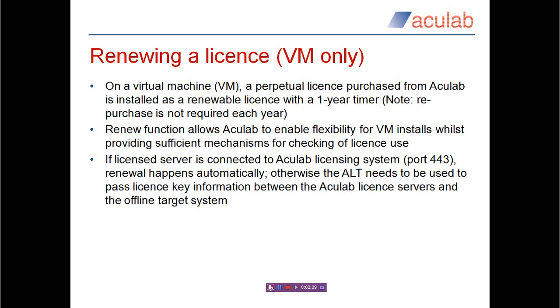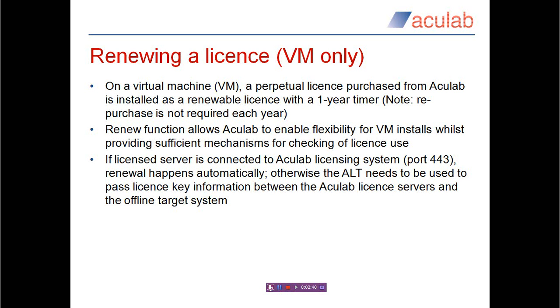So the approach we've come up with is this timed license that needs to renew itself on an annual basis, whereas other vendors we've seen do this on a daily or weekly or monthly basis. We felt that 1 year was a good compromise in terms of being too restrictive versus being able to handle the licensing needs of Acculab.